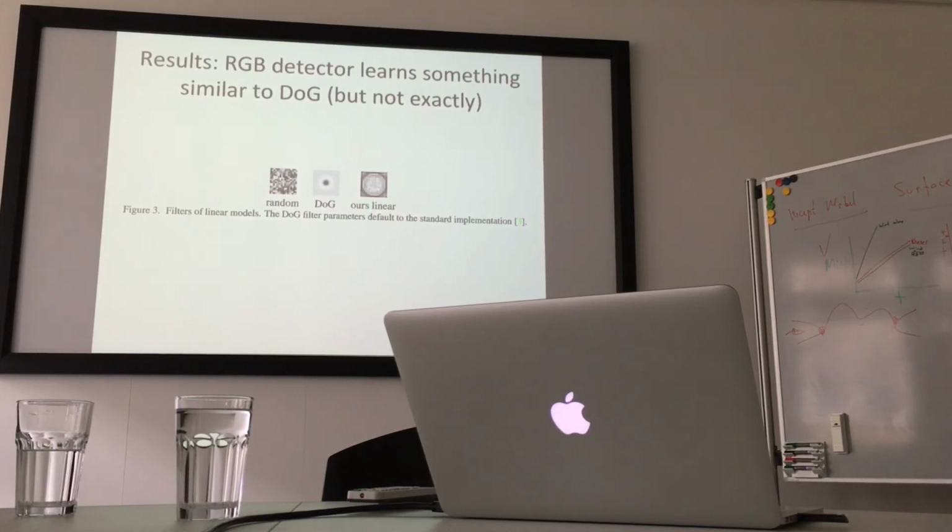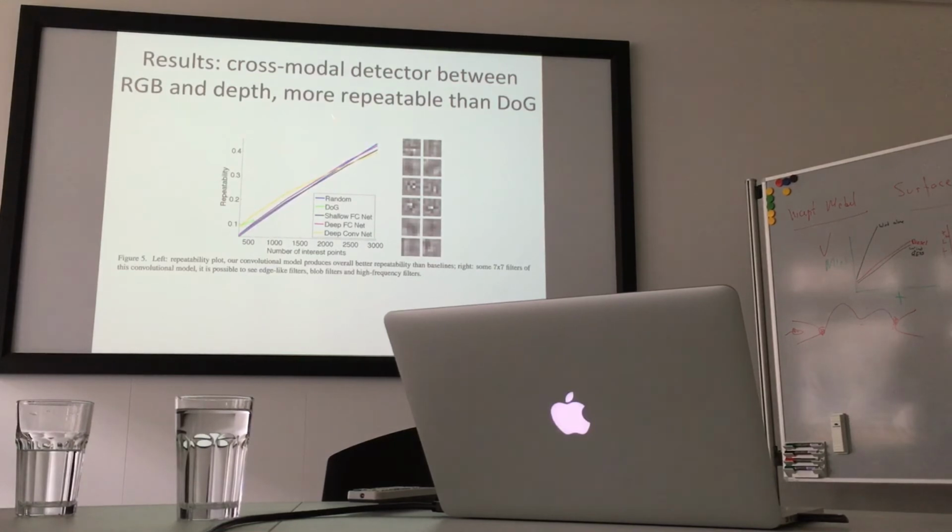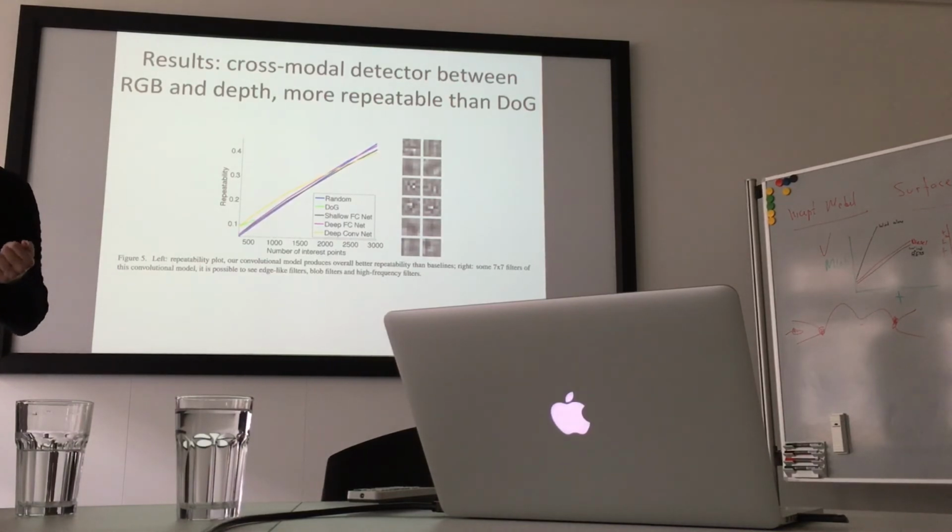You can see a bunch of numbers in the paper for the repeatability metric. I don't put them here, it's too large. But basically, the impression is that you get something very similar to DoG, so probably DoG is actually a very good method.